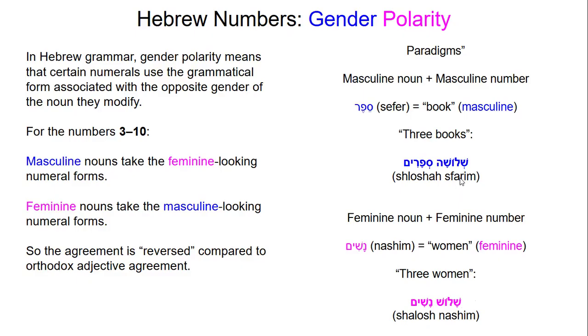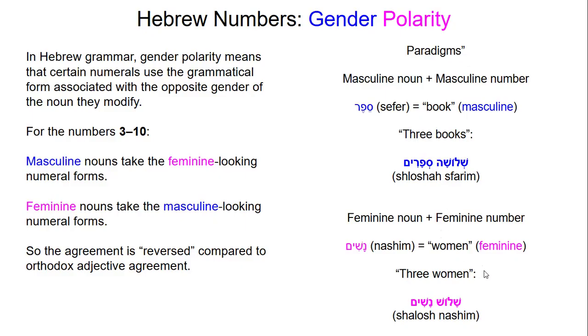And just as we saw previously, Shalosha, which is the masculine iteration of the Hebrew number 3, connects with the masculine noun Sefarim to say 3 books. So you have Shalosha Sefarim, 3 books, masculine noun plus a masculine number.